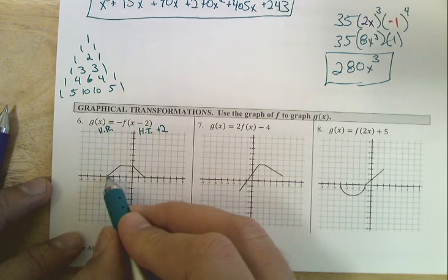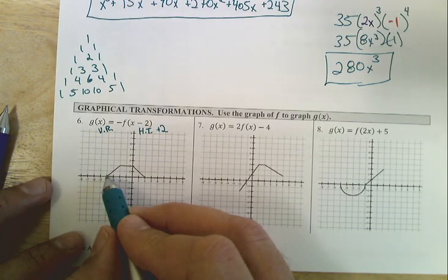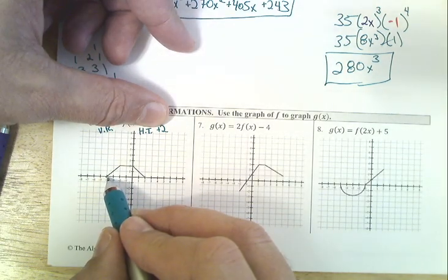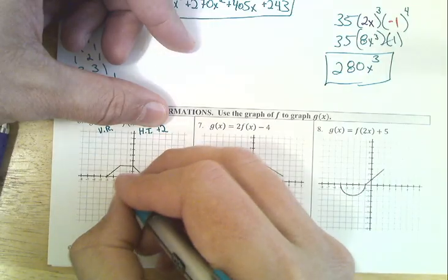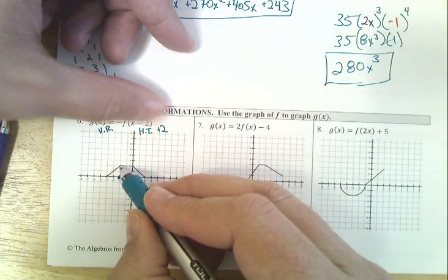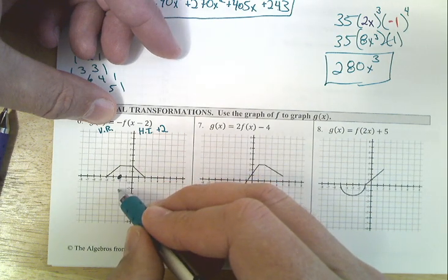So here, 0 times negative 1 stays the same. But then I need to shift everything 2 to the right. So 1, 2. So my first point should be right there. This next one flips, so it goes from a positive 2 to a negative 2.